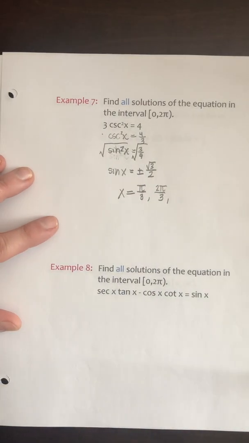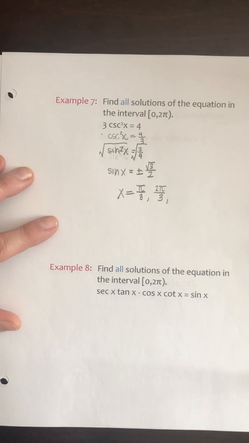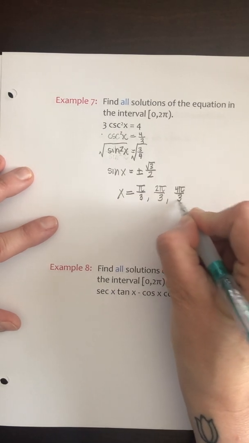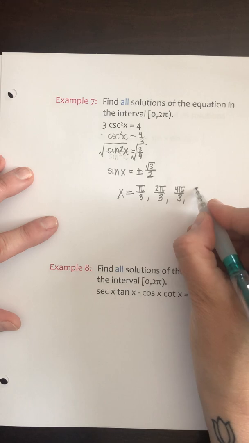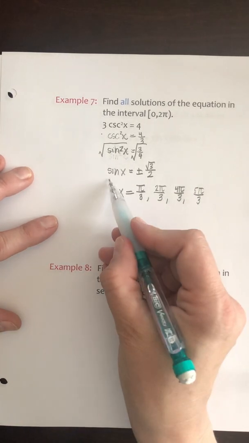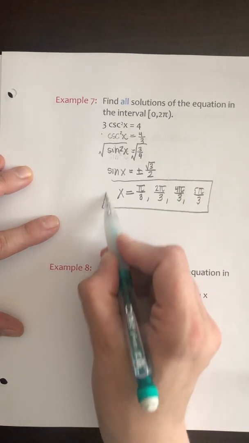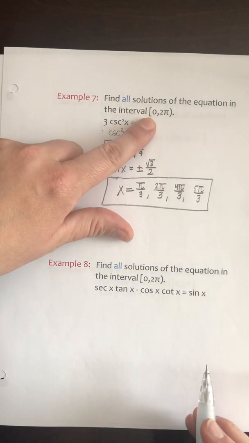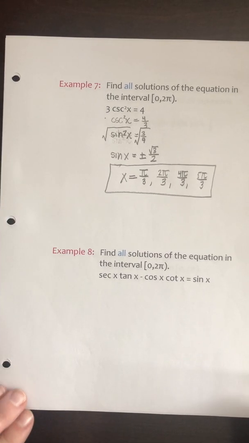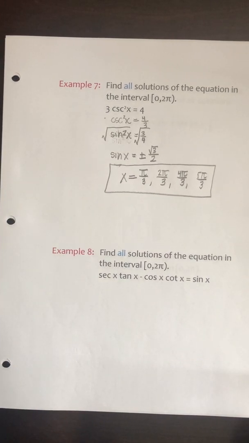Now once we get to quadrants 3 and 4, that square root of 3 over 2 turns into negative because the y values go down. And where does that occur in quadrant 3? It occurs at 4 pi over 3. And where does it occur in quadrant 4? It occurs at 5 pi over 3. And that's going to be all of the answers that we use because we had a very specific domain from 0 to 2 pi. So that one I think was pretty easy.